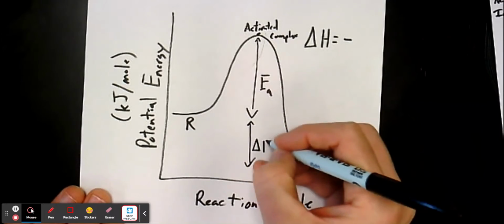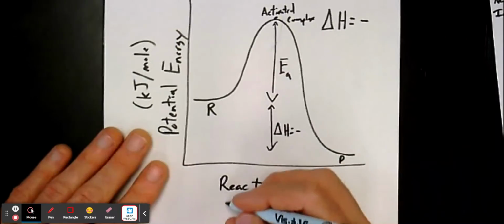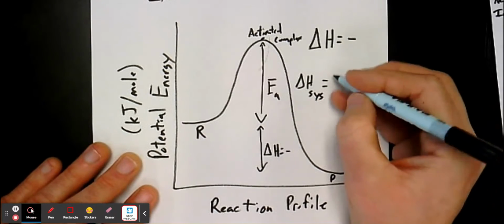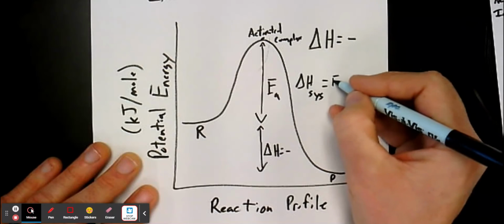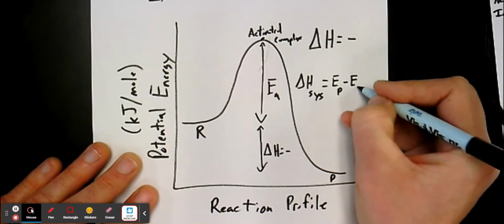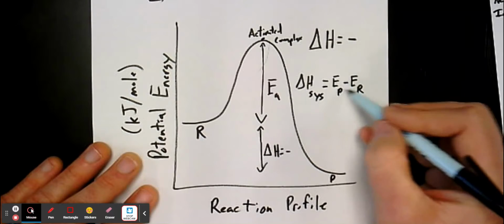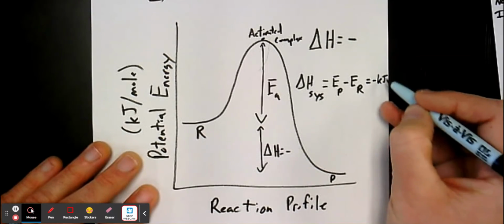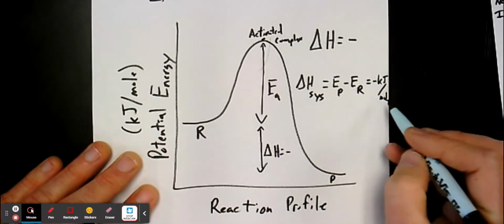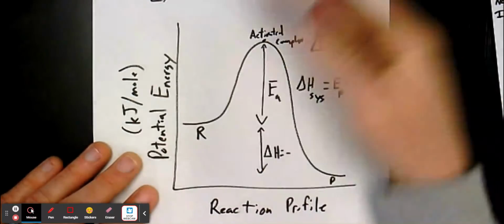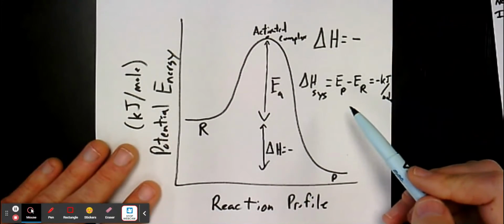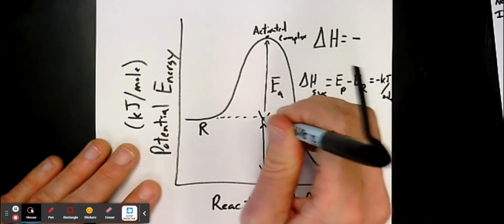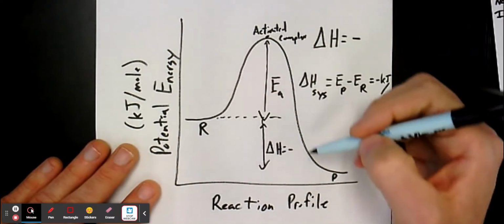This is my delta H, and it's going to be negative because my delta H system is equal to my energy of my products minus my energy of my reactants. That's my delta H system. So this is going to be equal to a negative kilojoules per mole. That got cut off. And this distance here is your activation energy.